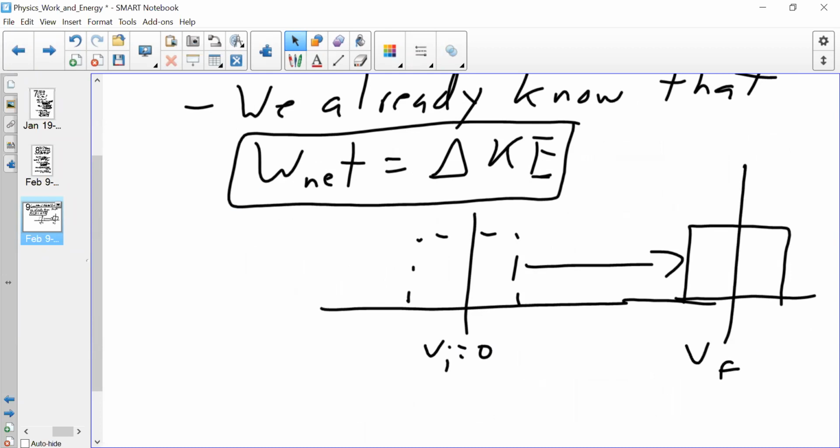VF is equal to something that's not 0. The initial kinetic energy was 0, but the final kinetic energy is not 0, because it's still moving, it still has a speed, and therefore I'm doing work on the object because I've changed its kinetic energy from nothing to something. It's gone from one state to a new state. I've changed its kinetic energy by changing its speed.